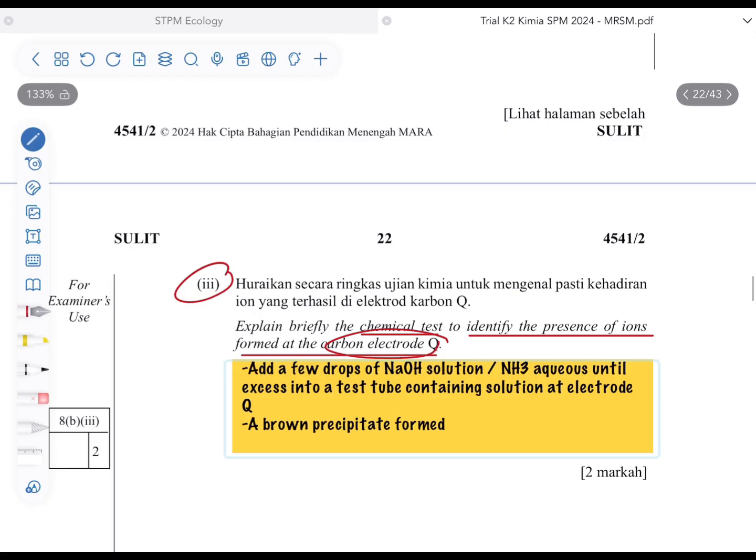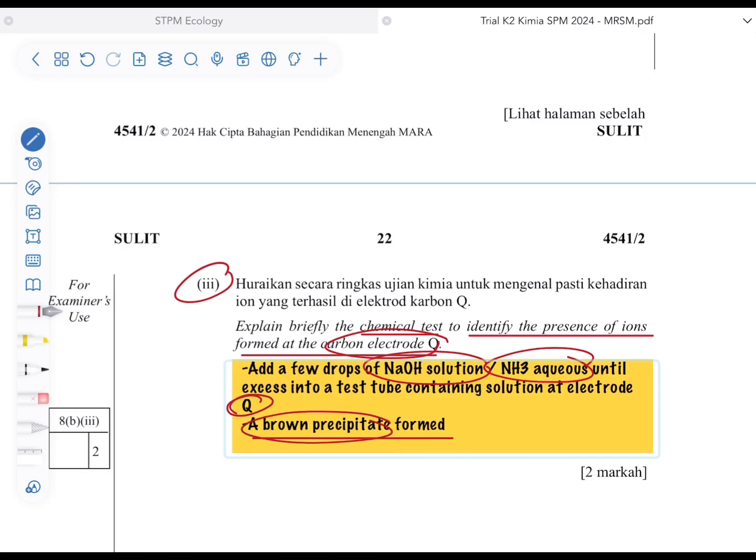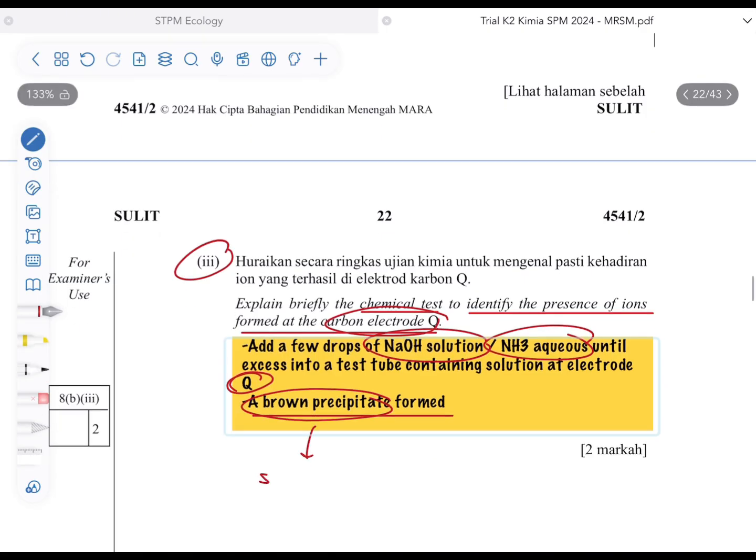first, add a few drops of NaOH solution, or if you want to use aqueous ammonia solution, that also can. So you add this NaOH or aqueous ammonia solution into a test tube, until excess, containing the solution at the electrode Q. And then a brown precipitate will form. This brown precipitate shows the presence of Fe3+.